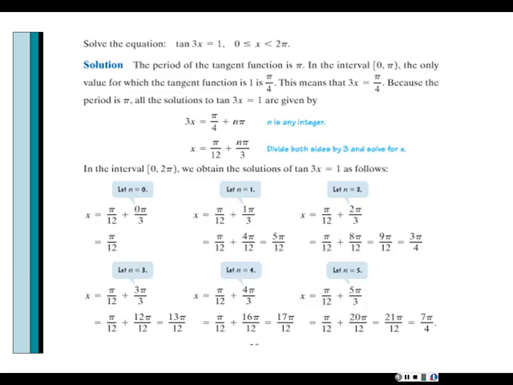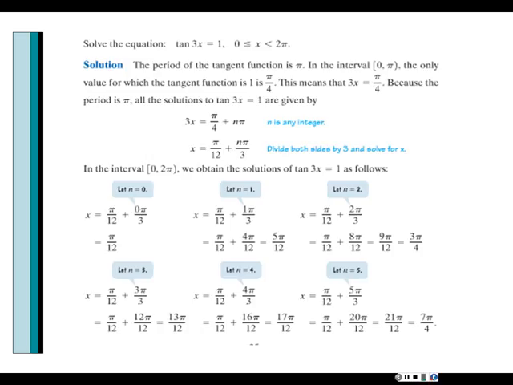We'll take n equals to 0 first, because we know that x can be within some range. If n equals to 0, x is going to be what? Oh, this is pi. I wrote x here. That's pi by 12. We can take this value, right? Because this is within 0 to 2 pi, right? Now we'll check what happens if n equals to 1.